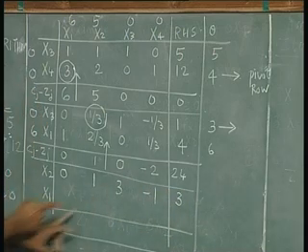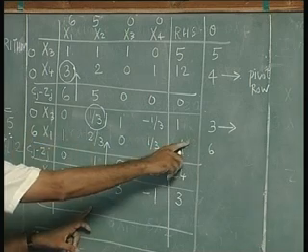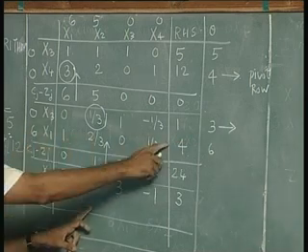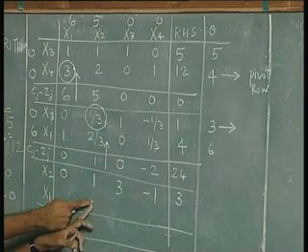Now I need to bring a 0 here by doing the row operation. Now this row, this is the element, so this row minus 2 by 3 times this would give me a 0 here.